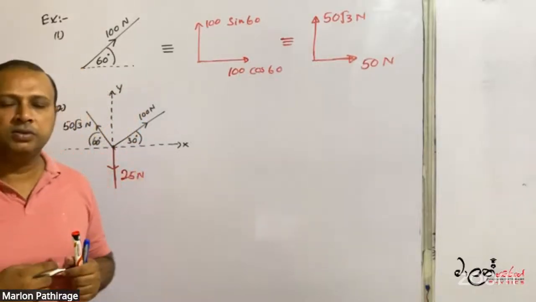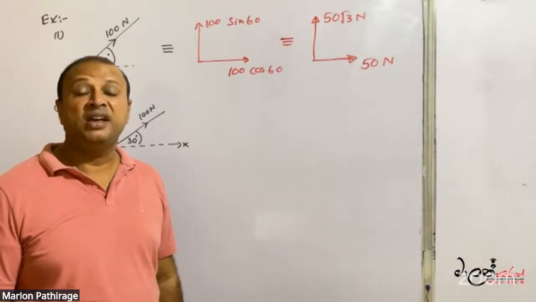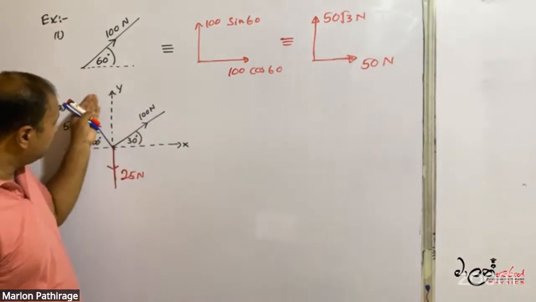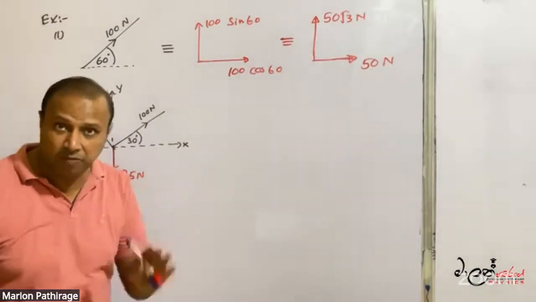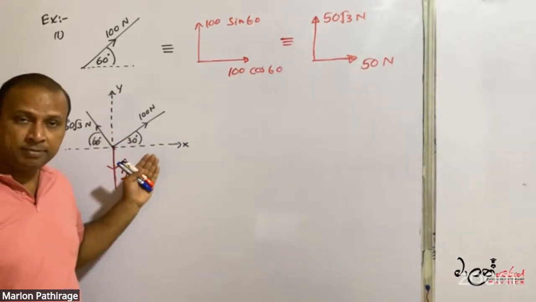Now you are asked to resolve this vector system into x and y directions. That means there are three vectors now.